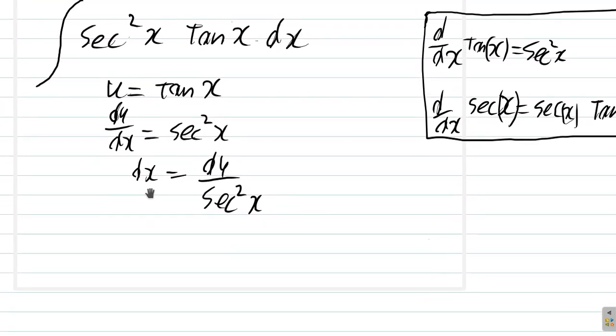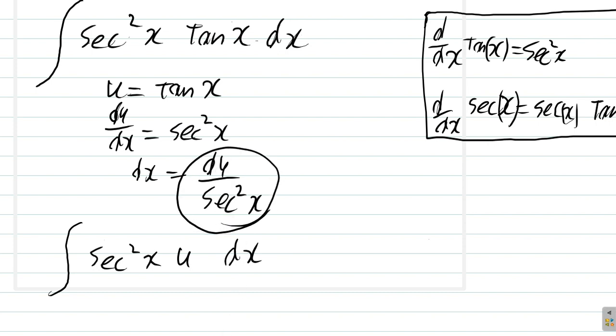So what we have is the integral of sec squared x, then tan x is u. We had tan x first, but we don't want tan x anymore, we want u. So it's u times dx, but dx is du over sec squared x. So we're not putting dx here, we're putting du over sec squared x.